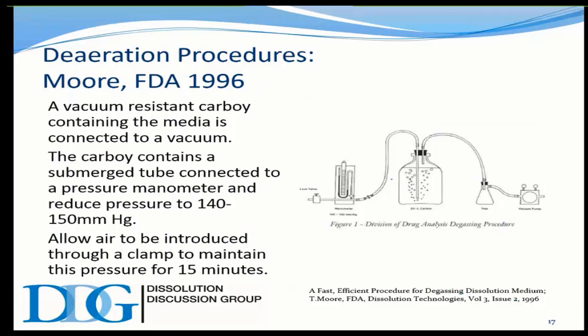But the idea here was that pressure was dropped to a point, 140 to 150 millimeters of mercury, with a controlled process using a manometer or a pressure gauge that would allow a small amount of air into it.